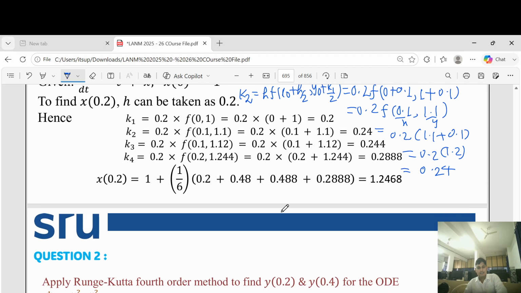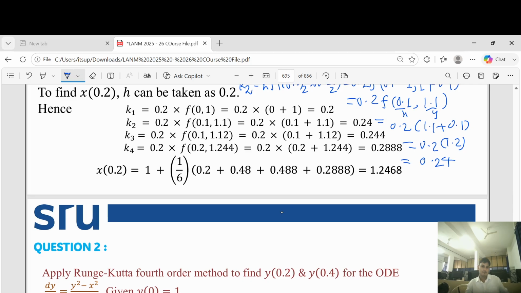Now we evaluate K3. K3 is h times f of x naught plus h by 2 comma y naught plus K2 by 2. So this is 0.2, x naught means 0 plus 0.1, y naught is 1 plus K2 divided by 2, which is 0.24 divided by 2, so 0.12.